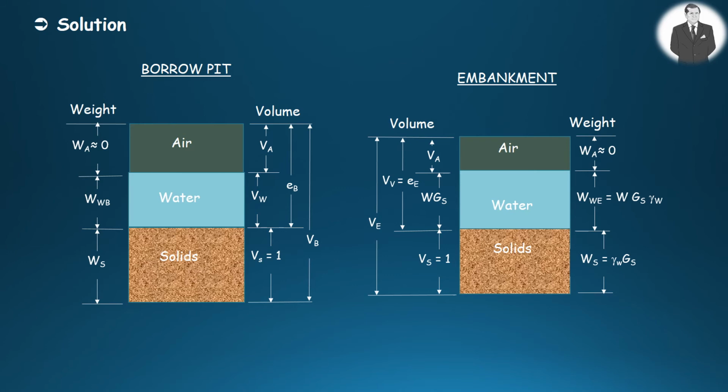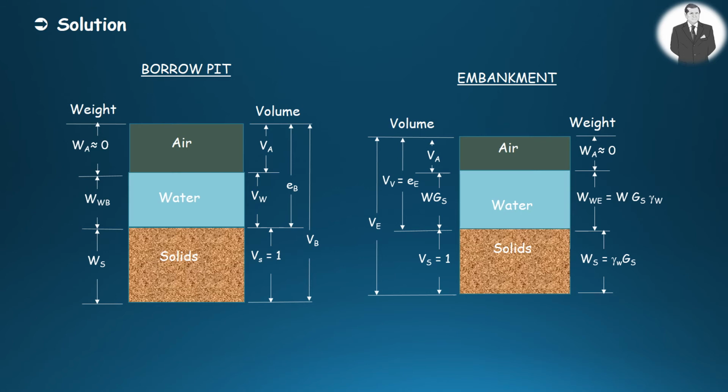There are several ways of solving this problem, but I will present you a very simple one. As stated earlier, as a first step, we need to draw soil physical models for both conditions, one for borrow pit and the other for embankment. Since the soils are not fully saturated or not fully dried, they are three-phased system.